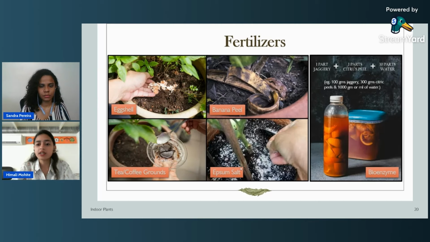For example, if you take 100 grams of jaggery, we have to take 300 grams of citrus peels and 1000 milliliters of water. So you have to maintain this ratio, 1:3:10. And with this, you can prepare your own bioenzyme and add it to your plant pots.